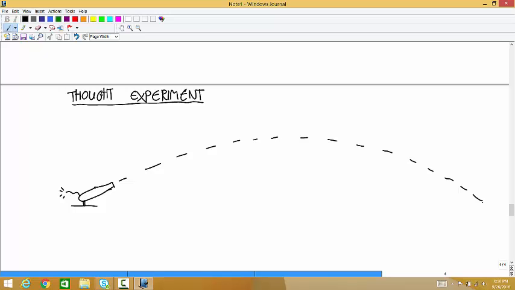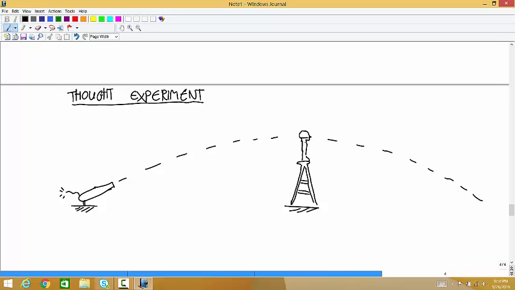Okay, so do it once, figure out the path of the motion, and then on the second time, set up a ladder and stand up on the ladder so your head is right where the ball's going to go.